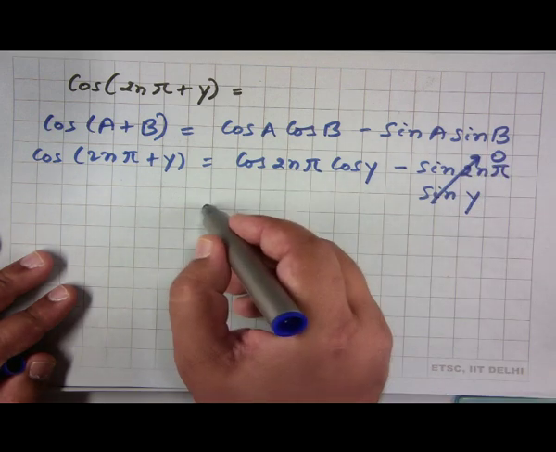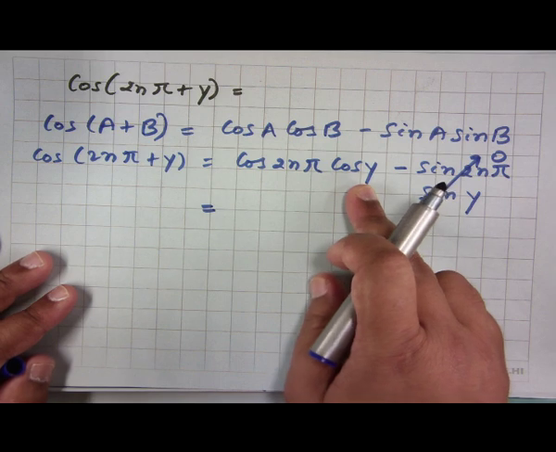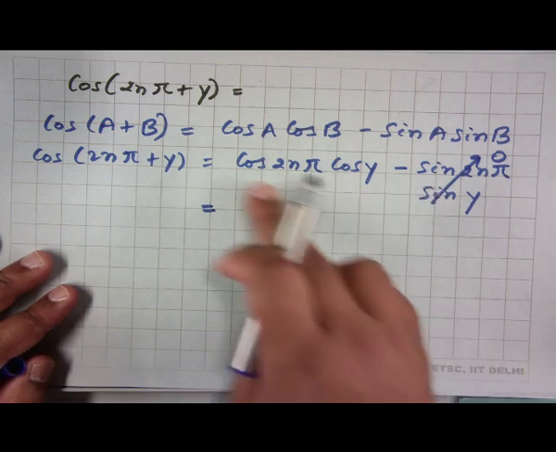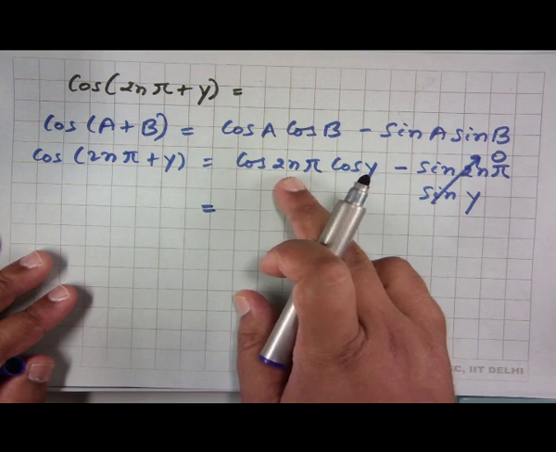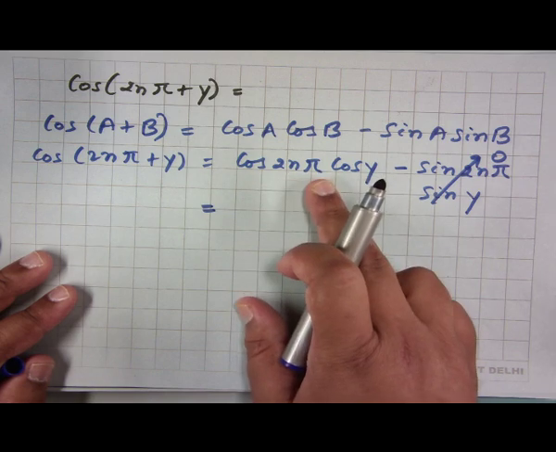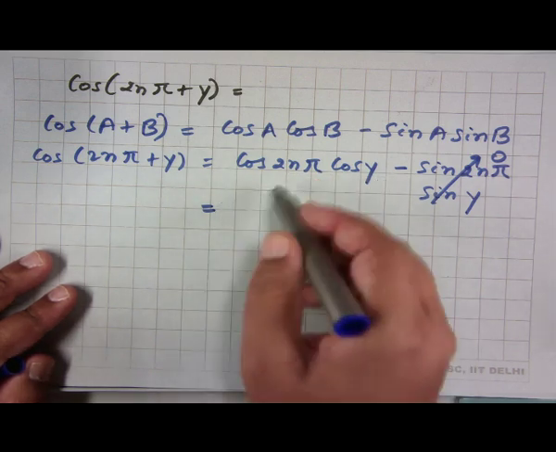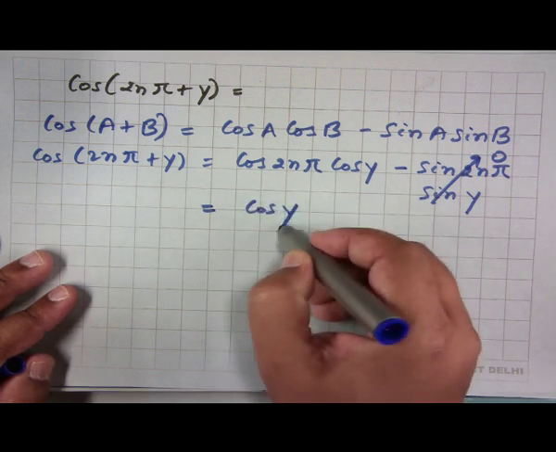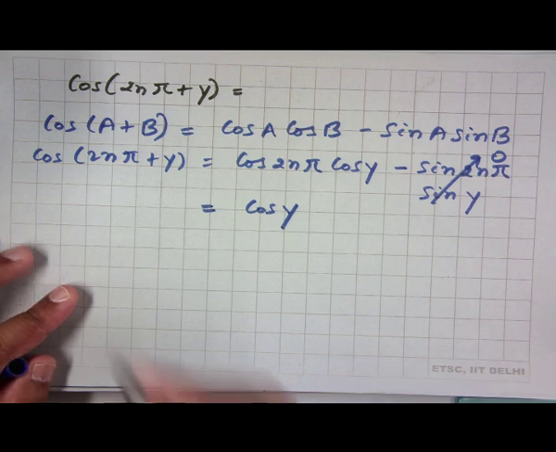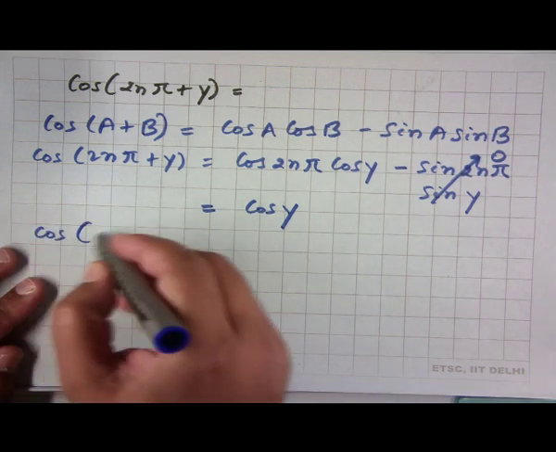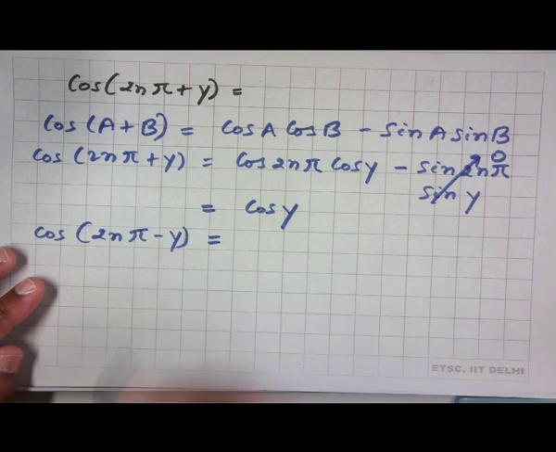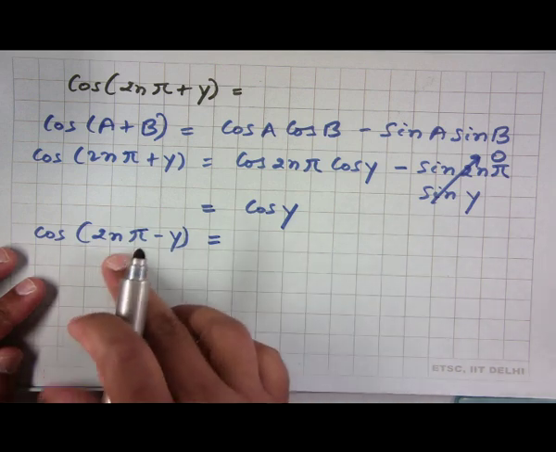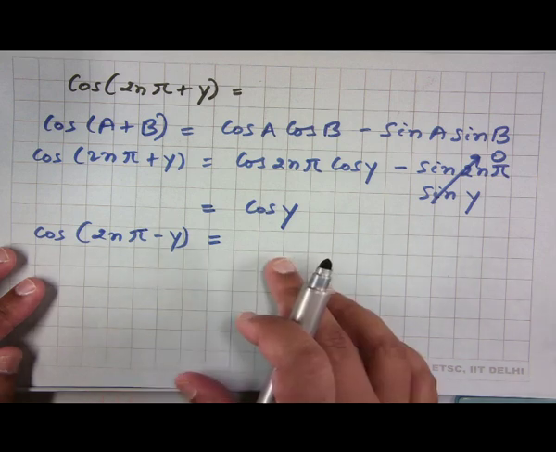So, what remains is only the first term, and we also know that cos of integer multiple of 2 pi is equal to 1. So, for any integer n, cos of 2n pi is always equal to 1. So, therefore, this clearly is equal to cos of y. And similarly, cos of 2n pi minus y equals, so here we will use the formula cos a minus b is cos a cos b plus sin a sin b.